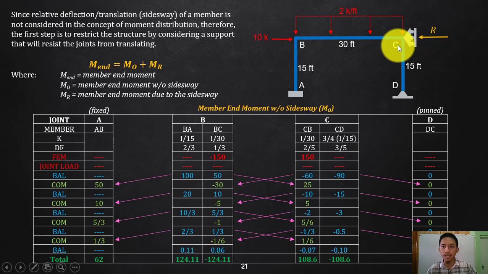So you should not do that, since what we are trying to cancel out is just the Sidesway, okay, horizontal translation or deflection. So if I will do that, I will be having this roller, then I will have that reaction. Okay. So what will happen here is that we will try to analyze this, since this is now a structure without Sidesway because of that dummy support. Then you can now apply your moment distribution.